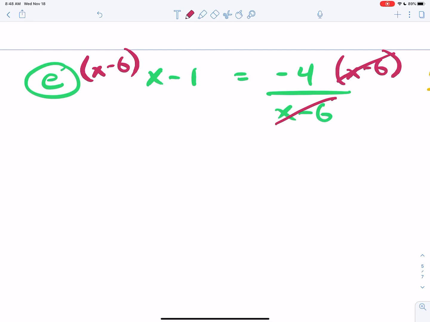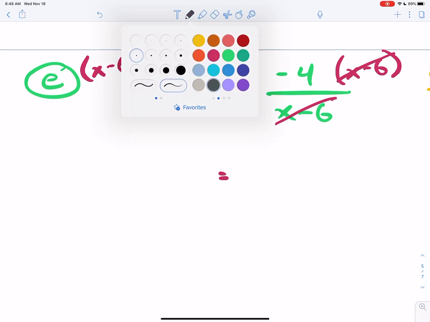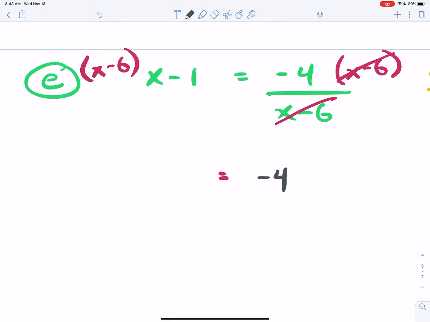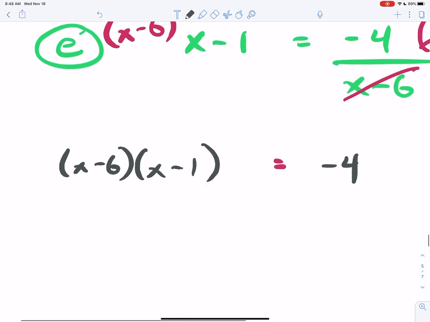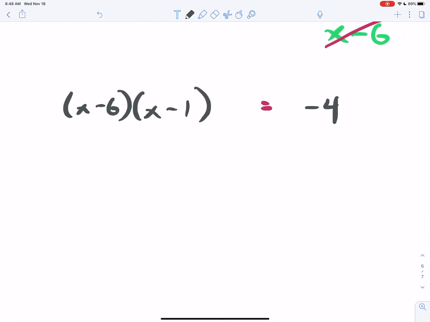So even though this was missing a denominator, it actually makes your problem even easier than that, okay? Less work. So if you take a look at the right side, all you have left is just a negative 4. On the left side, you have an x minus 6 and an x minus 1 multiplied. Okay?